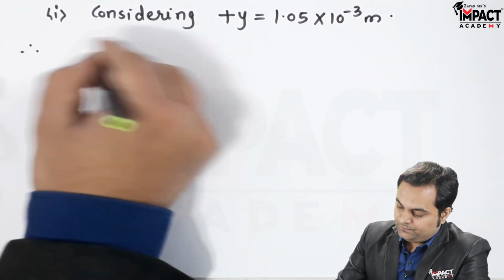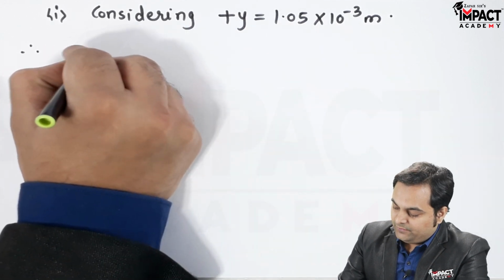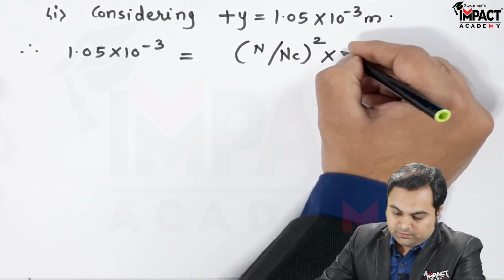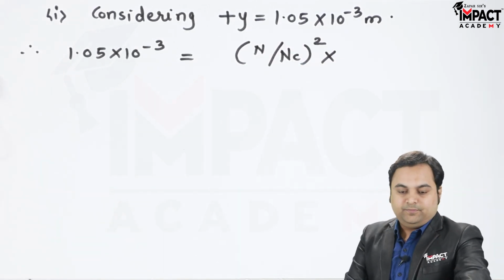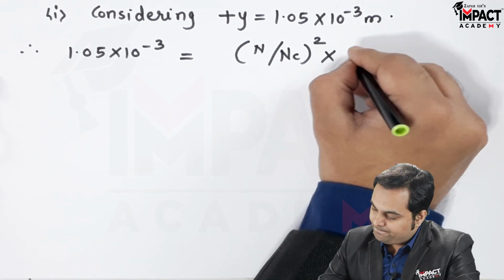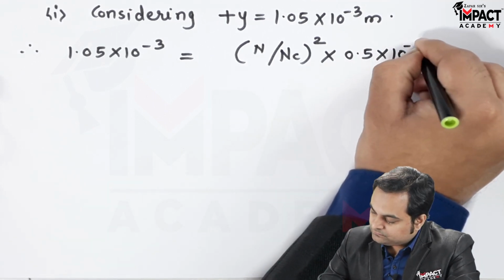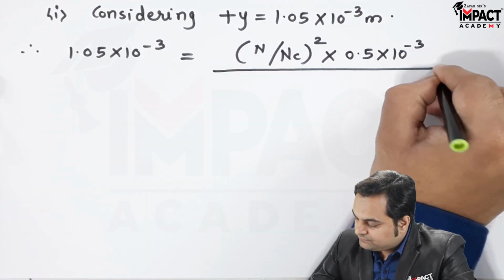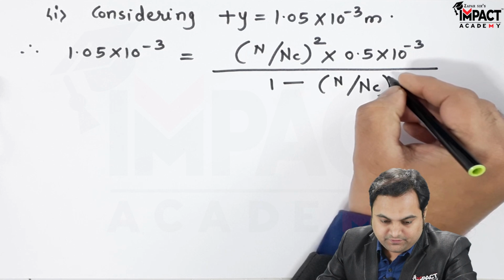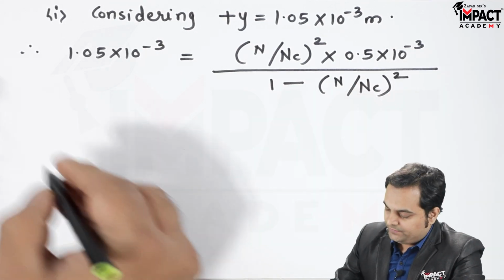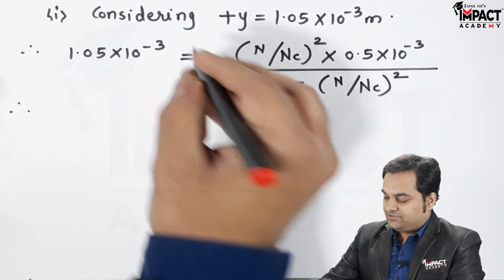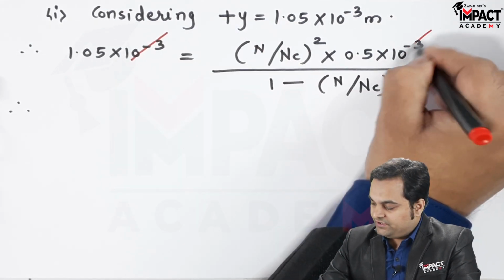Now therefore, by taking this value, eccentricity is given in the problem. It is 0.5 mm divided by 1 minus (n upon nc) squared. So what we can see from both sides is that 10 raised to minus 3 and 10 raised to minus 3 get cancelled out.